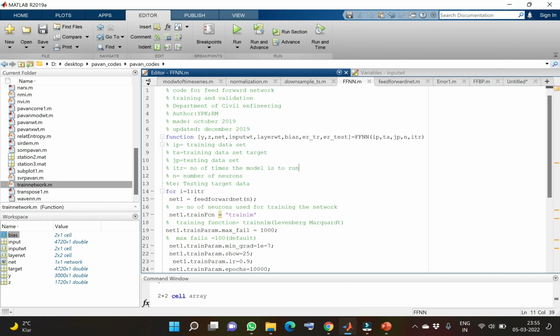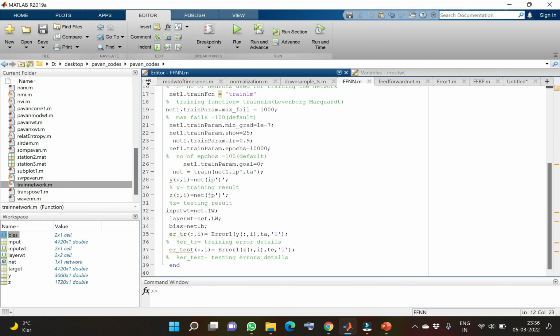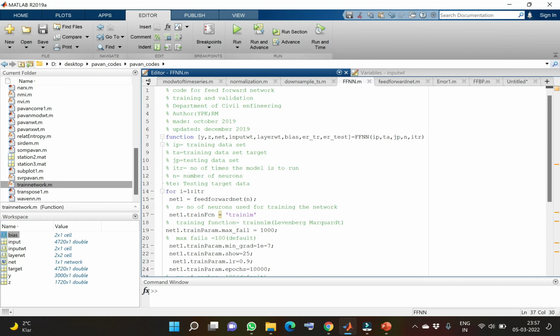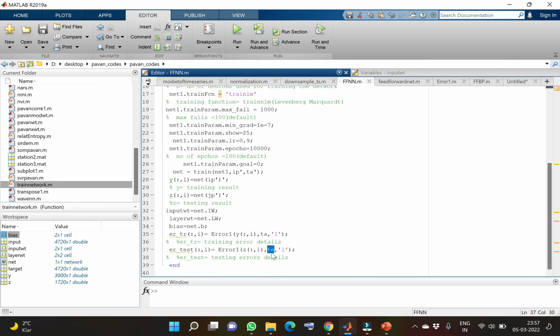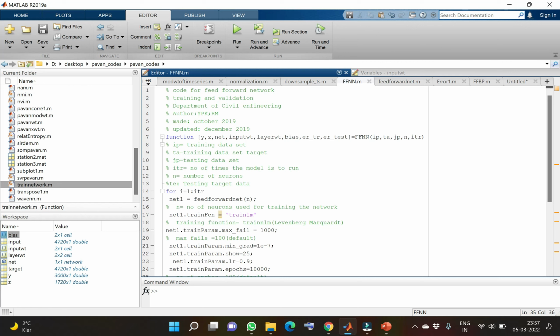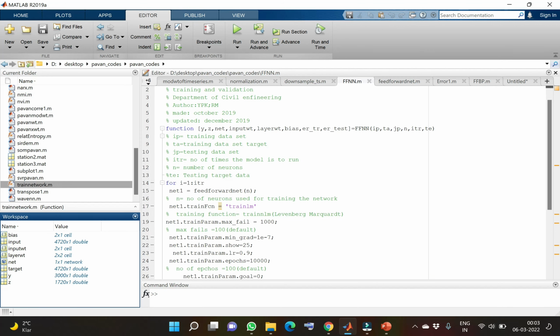Just remember that when you are editing this, you are in the same path so that it gets saved. Now we have variable te here, but we never mentioned anywhere in the code what te is. TE is the data with which we compare the outputs of our simulation Z. So to include it, we also give it here, TE, and save it.